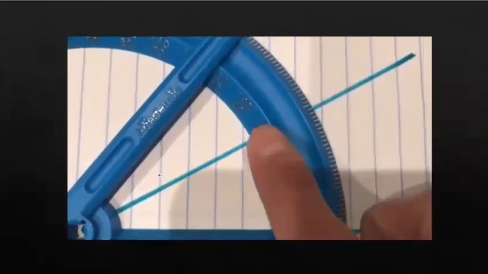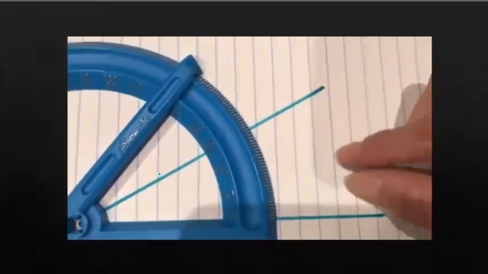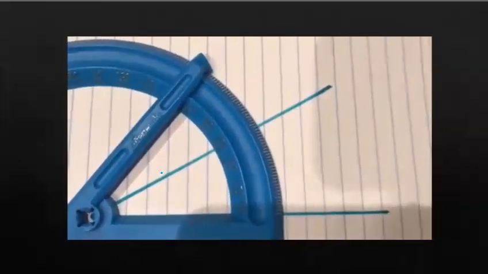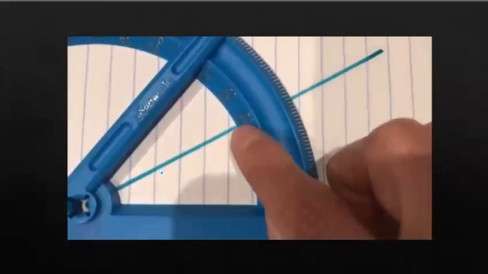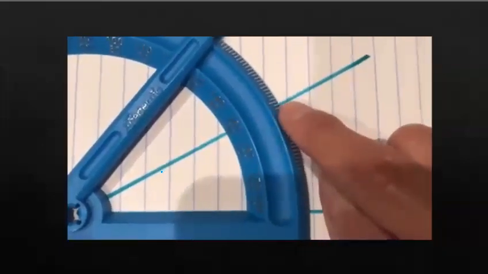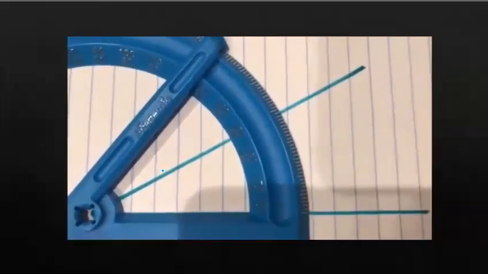The major mark is either 150 or it's 30. So how do we know which one it is? It's either 0 to 1 before 30, or it's 180 to 1 before 150. Which one makes sense? Well, we have an acute angle here, so it's less than 90 degrees. We know that it's then going to be that 30, but remember, it's 1 before 30. Between 0 and 30, 1 before would be 30 minus 1, or 29. So this angle measures 29 degrees.